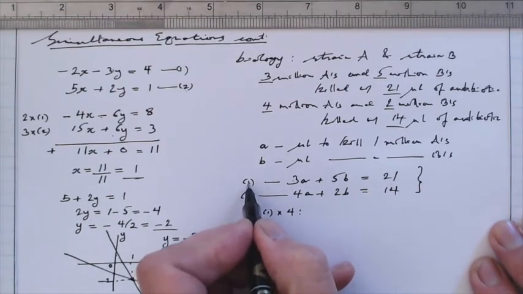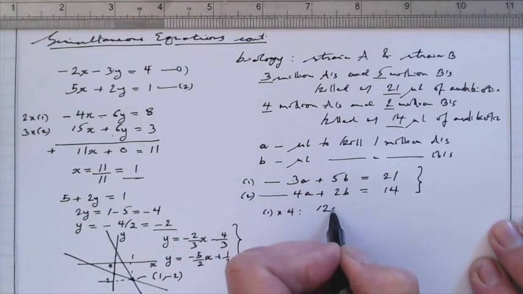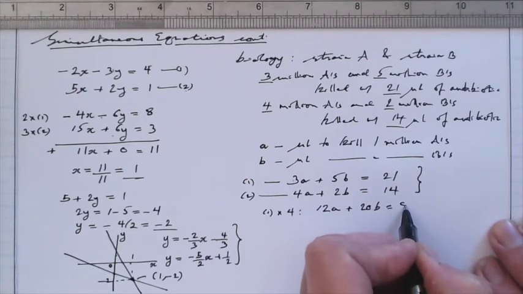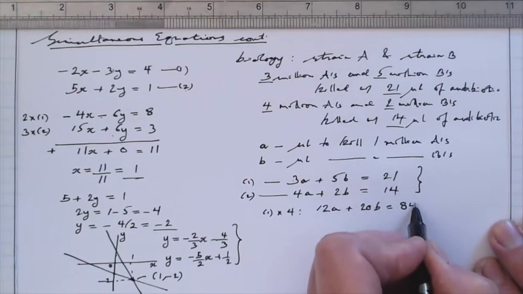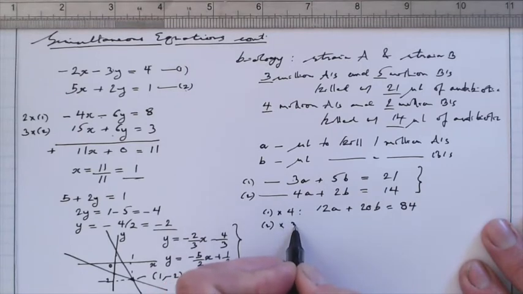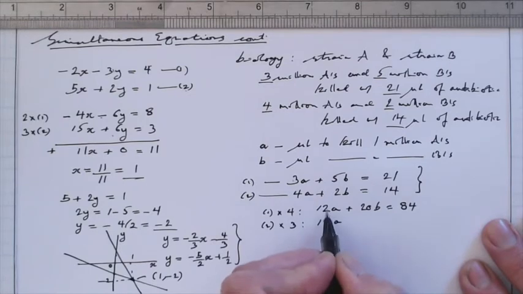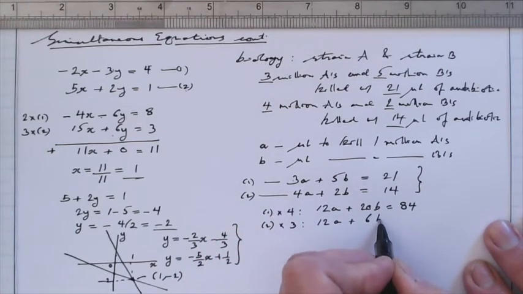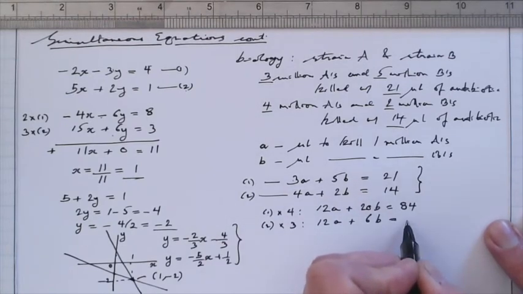So multiplying equation 1 by 4, I have 12A plus 20B is 4 lots of 21, which is 84. And then I'm going to multiply equation 2 by 3. 3 lots of 4 is 12, and that was by construction to get the same term here. And then 3 lots of 2 is 6, and 3 lots of 14 is 42.